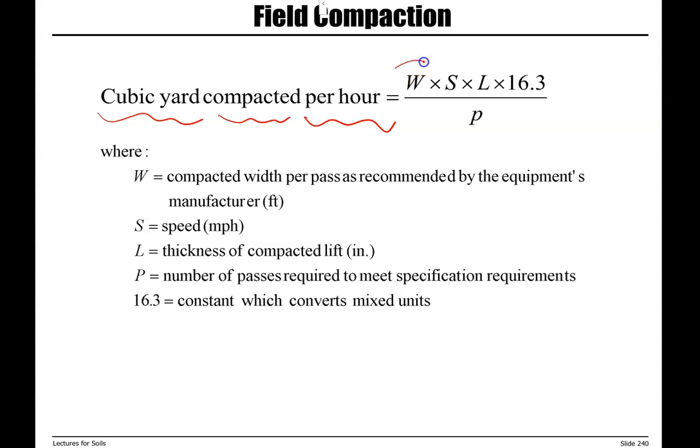We need to know the width of compaction, the speed of the equipment, the roller, the thickness of compacted lift, and how many passes are required to meet the specification. And then we need to multiply by 16.3 to convert these different units to cubic yard.